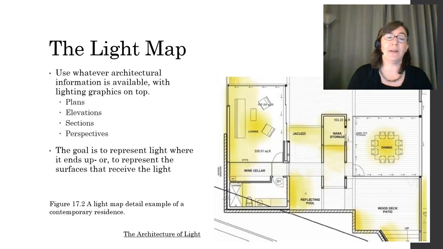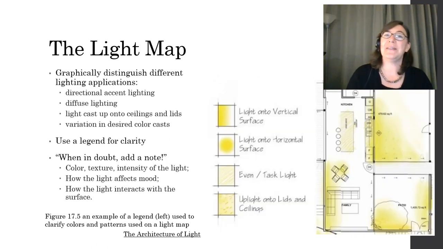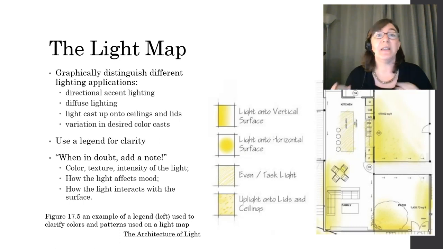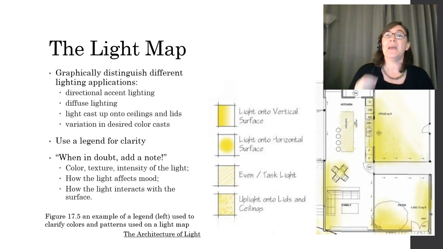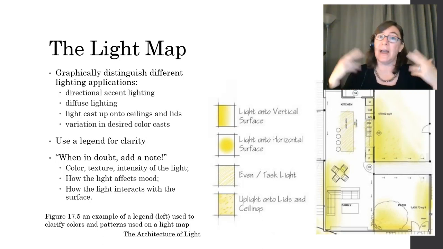So here on the screen, we have an example of a light map on a plan. And you can see that you can immediately identify which surfaces are going to receive the light. Now, as you get more sophisticated using this light map tool, you can graphically distinguish between different lighting applications and lighting ideas.